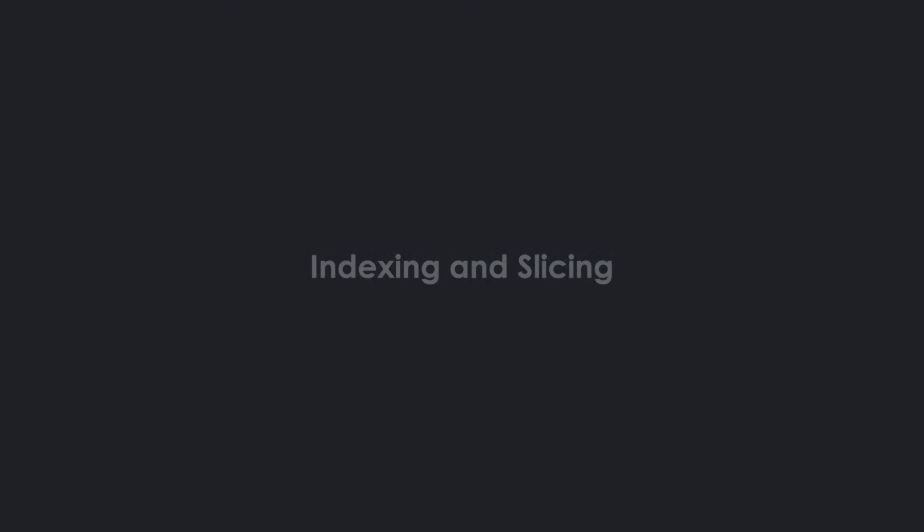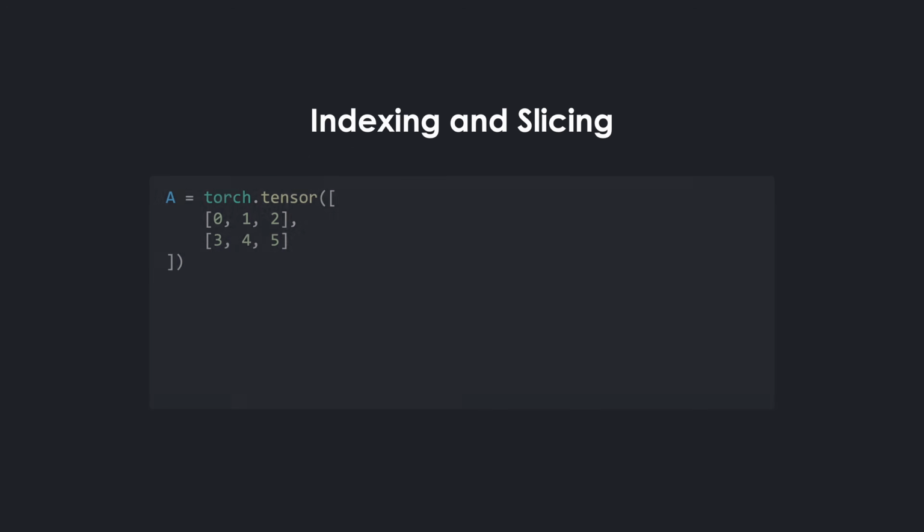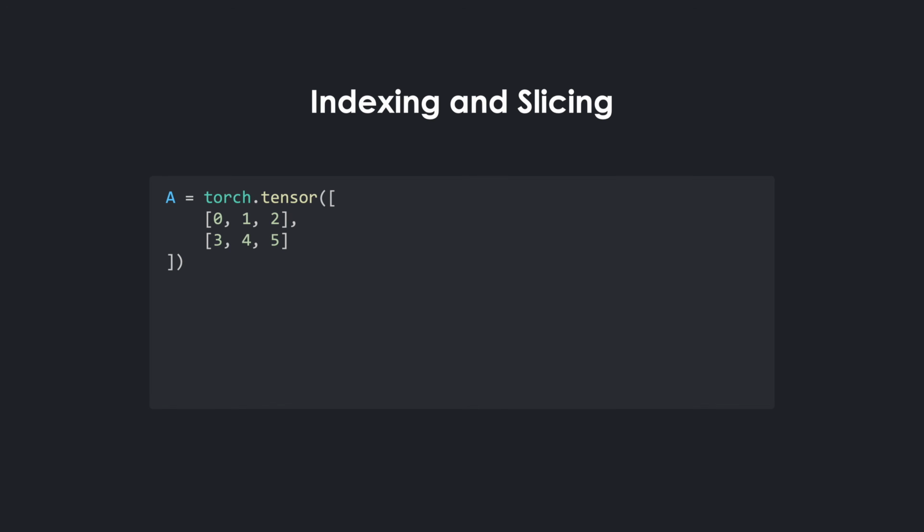In addition to reshaping, indexing and slicing are fundamental tasks when working with tensors. Indexing is about accessing an element at a specific position in the tensor. If we have this matrix, for example, and we wanted to access the element 3, we'd index to it using A at 1, 0, as it is the second row, index 1, and the first column, index 0.